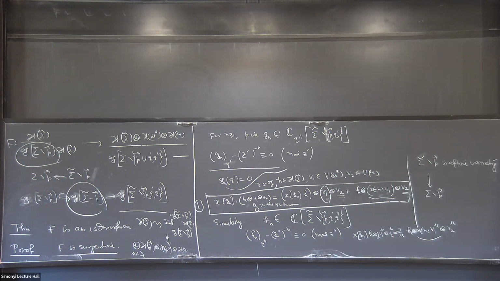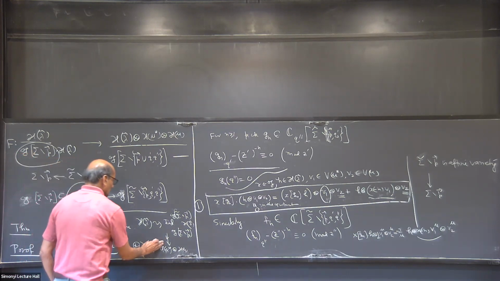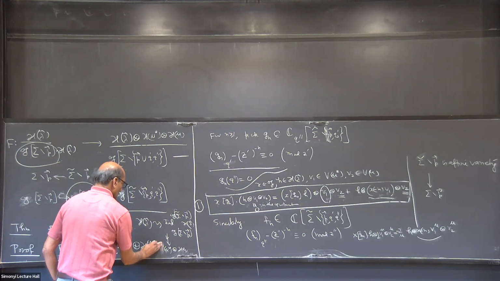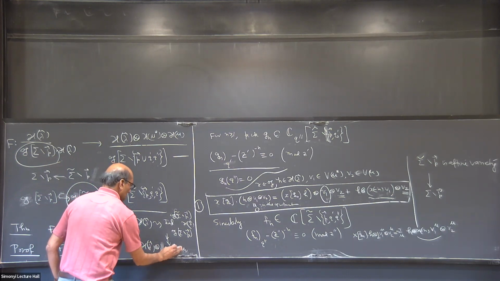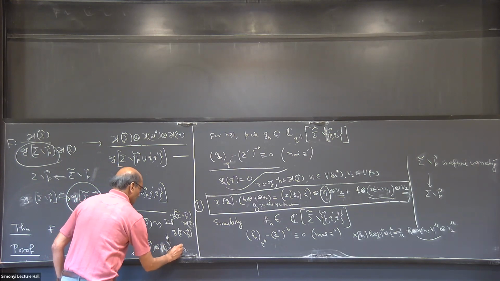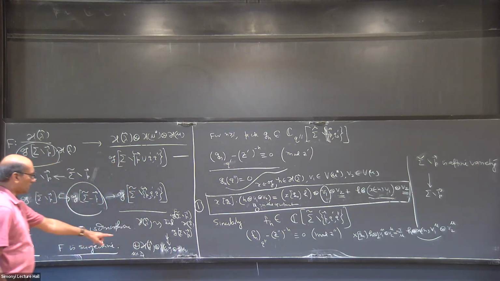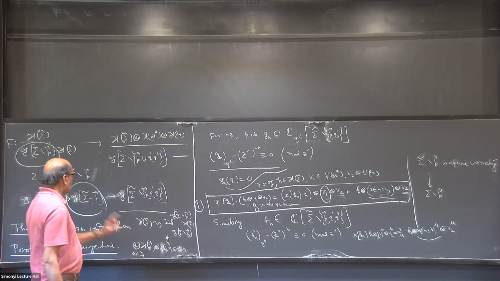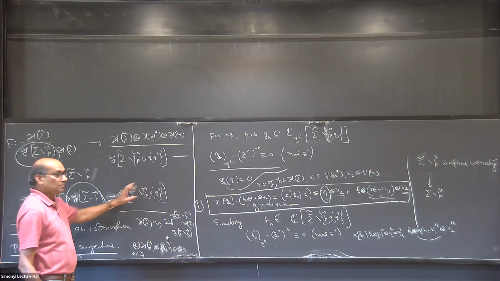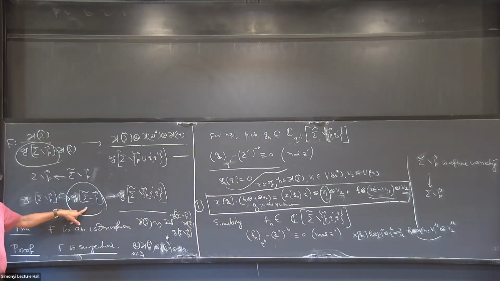Okay, so now I'm going to say the following. I'm going to take this object now, and I'm not going to take this Lie algebra; I'm still going to take this Lie algebra. And then I'm going to use this propagation theorem.